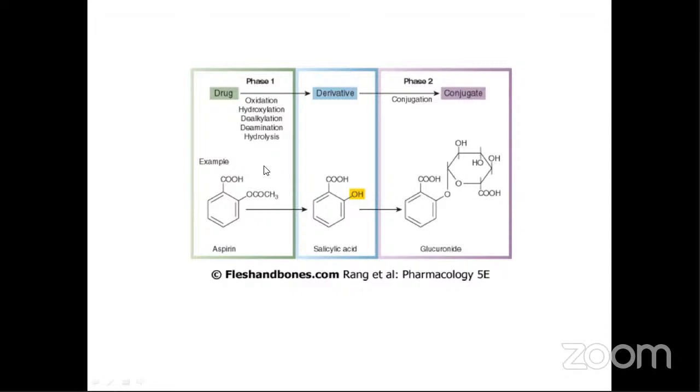First it is hydrolyzed because the ester is there. It will produce salicylic acid, which is the biologically inactive form. Aspirin is the biologically active form, having antiplatelet and anti-inflammatory activity, but salicylic acid is not having that activity. Then it undergoes glucuronide conjugation and is eliminated from the body.